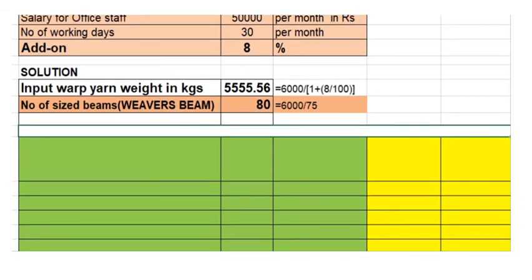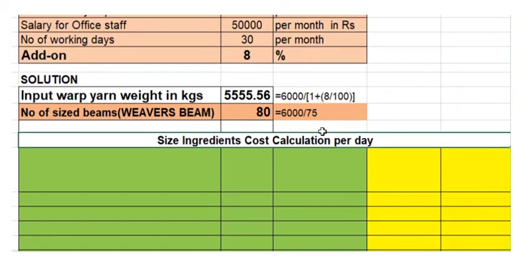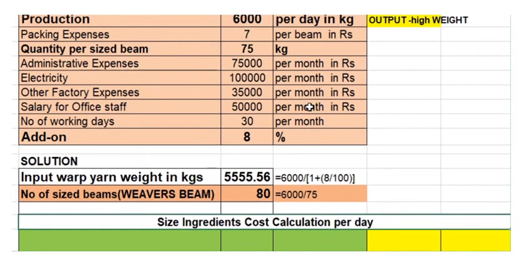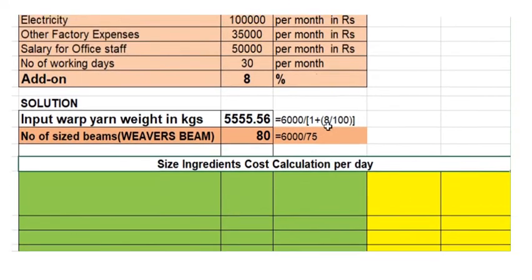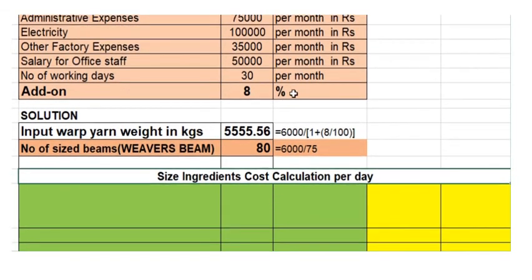Now let us go into the size ingredients calculation per day. We can do everything per day so that we can finally divide by the per day production and get the cost per kg. Because many calculations are given per day, we are calculating everything per day and finally we convert that into per kg.